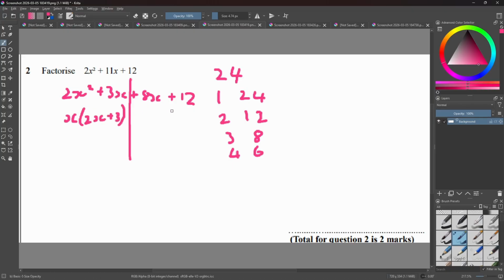And here, 8 and 12 have a common factor of 4. And then 2x plus 3. So we get x plus 4, 2x plus 3. So we get x equals minus 4. Remember, we're solving because I want to solve.